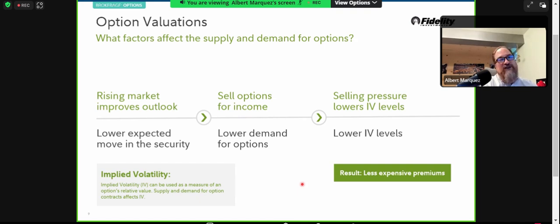Most likely, people are either buying protection against the case of bad earnings, or they're speculating because they think they're going to have good earnings. And what do you typically see? Well, you typically see implied volatilities move up on those options that capture that earnings event, right? If you were to compare an option chain and look at one option versus another, one that expires after the earnings, one that expires before, you're probably going to see higher levels of implied volatility.